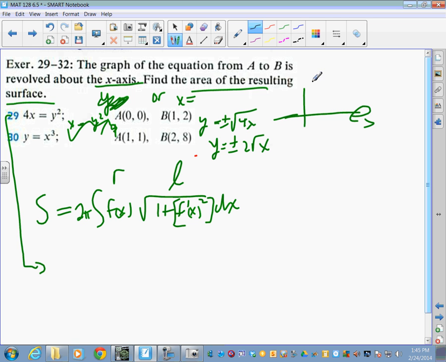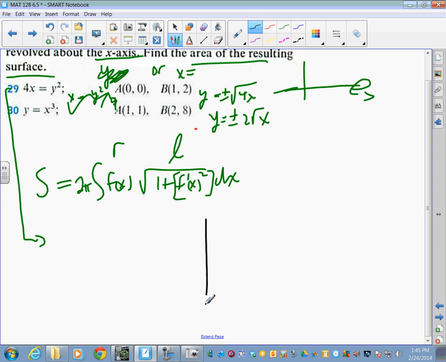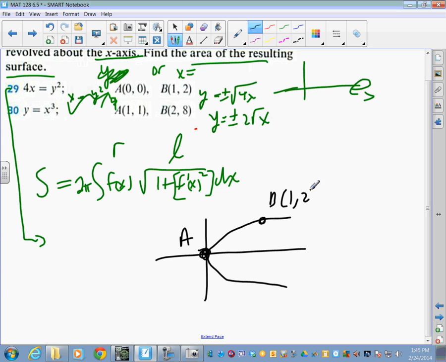It's asking for the area of the resulting surface from A, which is (0, 0), to B, which is (1, 2).